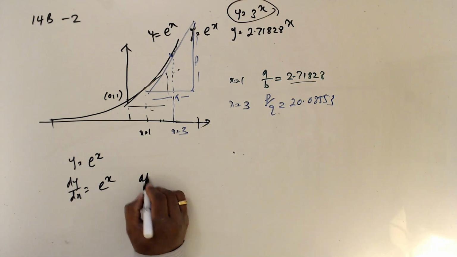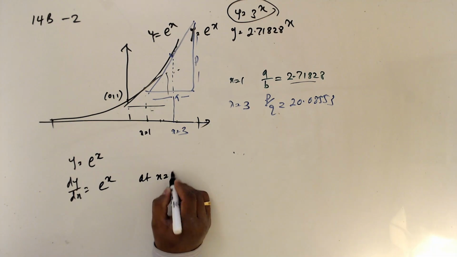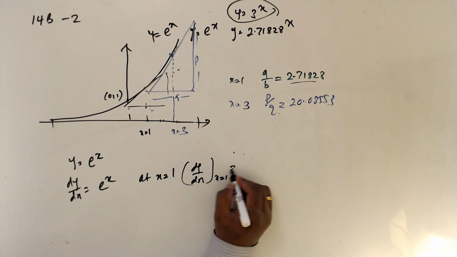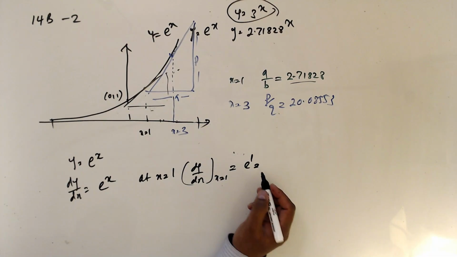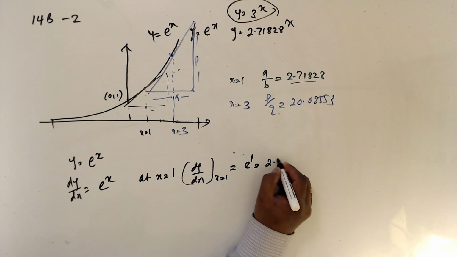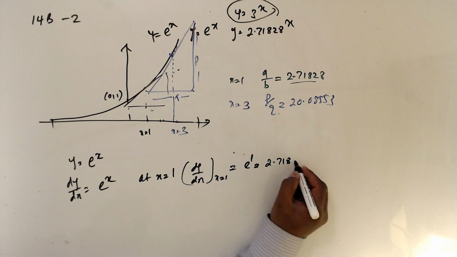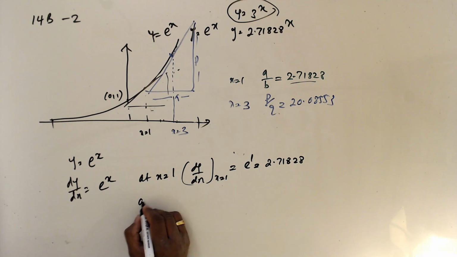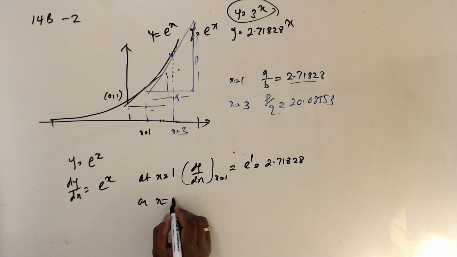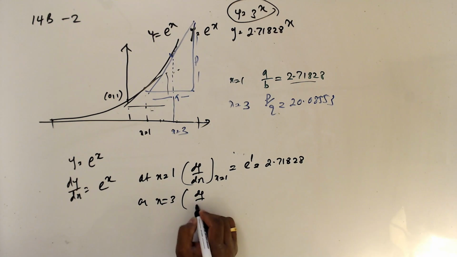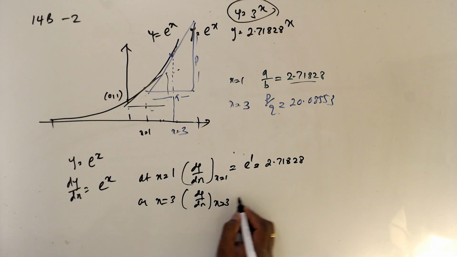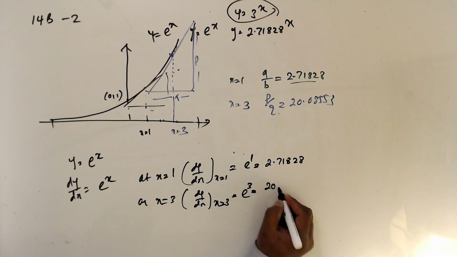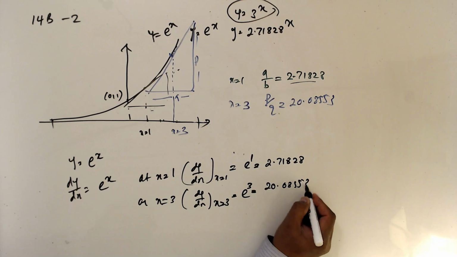Then at x equals 1, dy/dx when x equals 1 is e to the power 1. What is e to the power 1 from the calculator? 2.71828. At x equals 3, dy/dx when x equals 3 is e^3. What is the e^3 value? 20.08553.